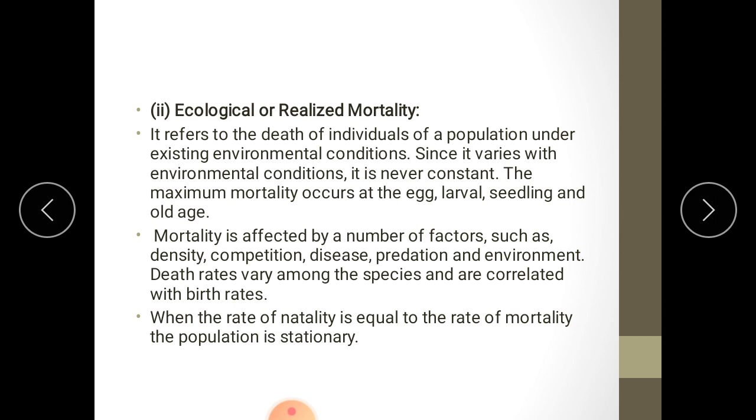No increase, no decrease. As many births have occurred, so many individuals are dying. That means the population is not growing. It's not showing any growth or reduction in the number of individuals, and this would be referred to as a stationary population.